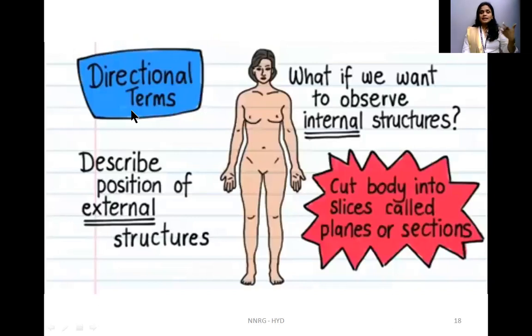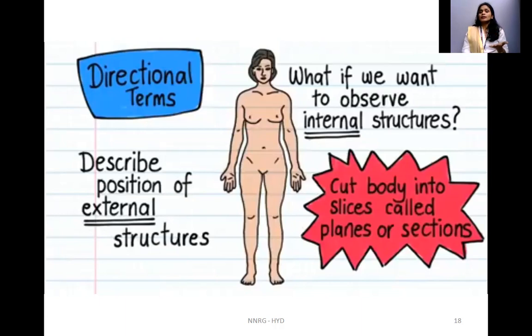Now, after studying all those basic anatomical position terms, we will understand the directional terms. When you want to study the anatomy, cut the body and see the internal parts, or understand the internal anatomical structure or the position of the body, then you will have to cut the body in different sections.